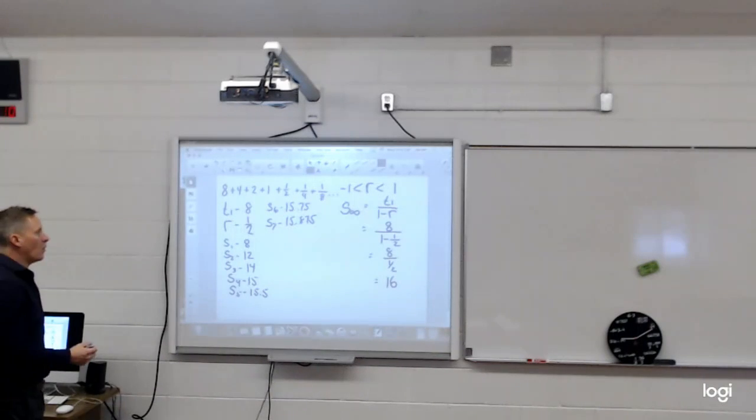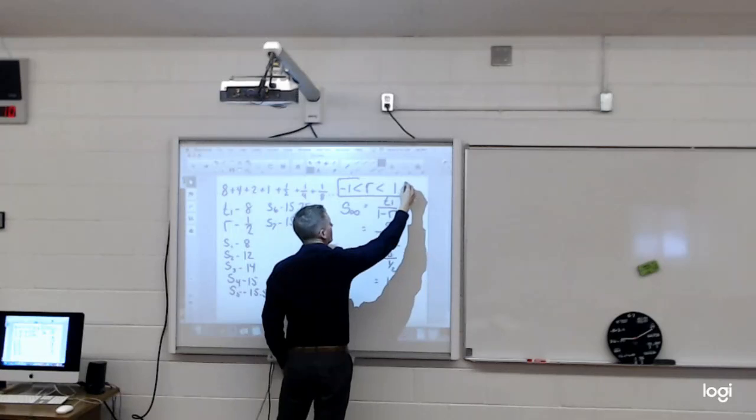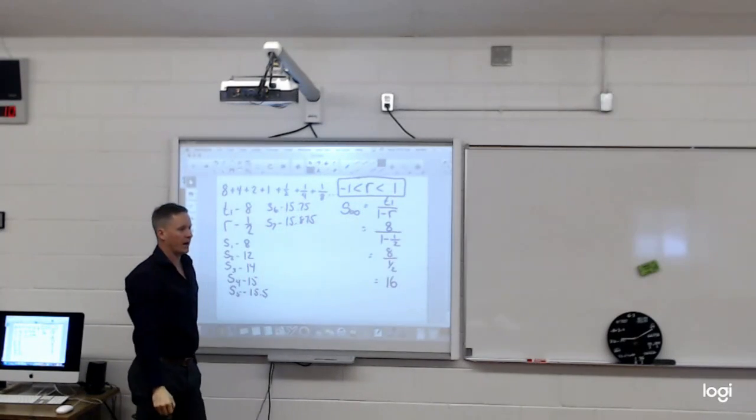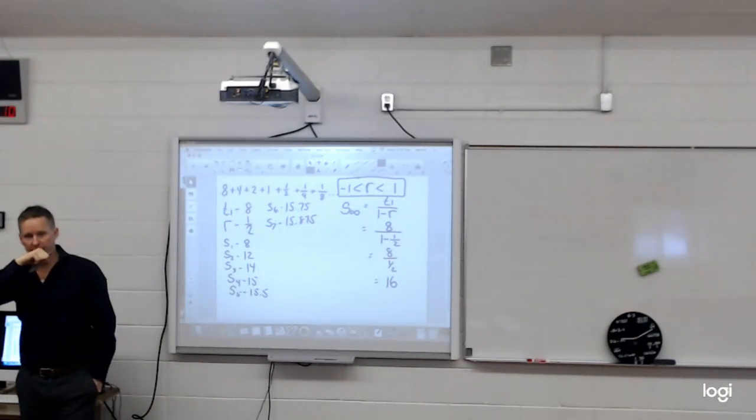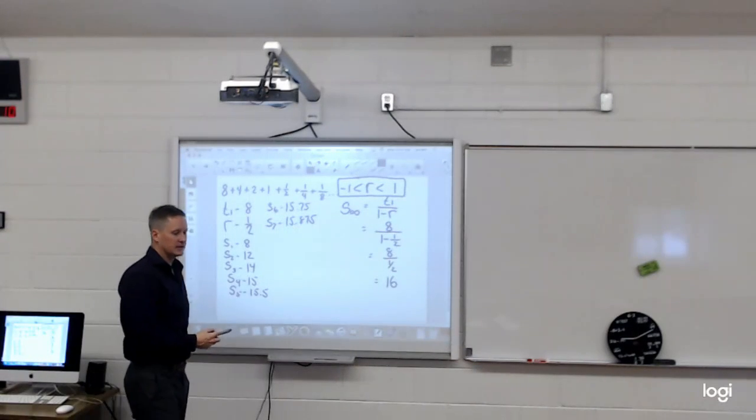Now this can only happen if my common ratio falls between -1 and 1, meaning that it's a decimal or a fraction. So I'm multiplying to get to the next term by making the next term smaller. Okay? Any questions about this?